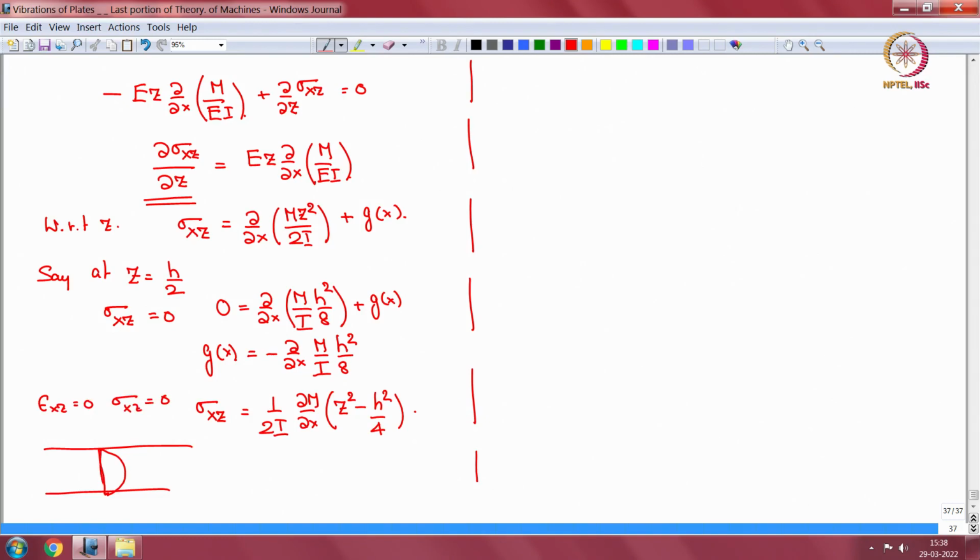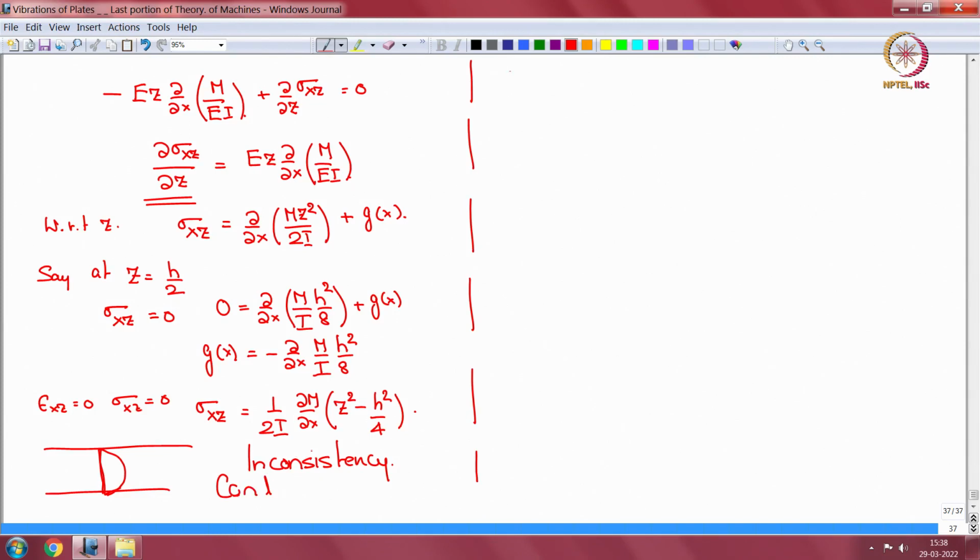So this is also an inconsistency. So how do you make it consistent then? Here also you find a condition, it will come as a condition on geometry.